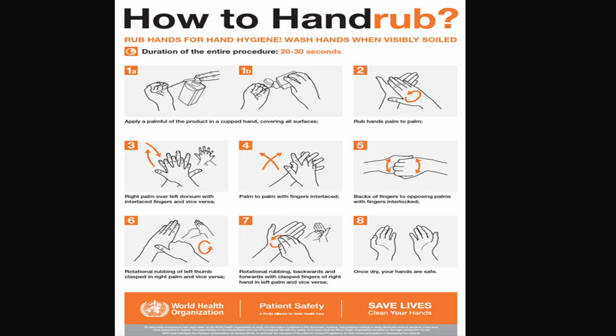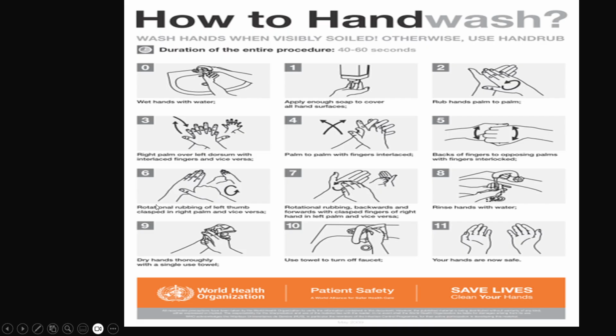For every hand wash sink we have put the hand rub and hand wash steps. So even in your sleep you should be able to do this. Now how to do hand wash? The first important thing about the hand wash is, first rinse your hands with water and then apply the hand wash solution.